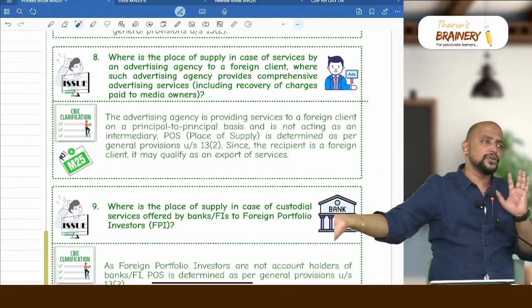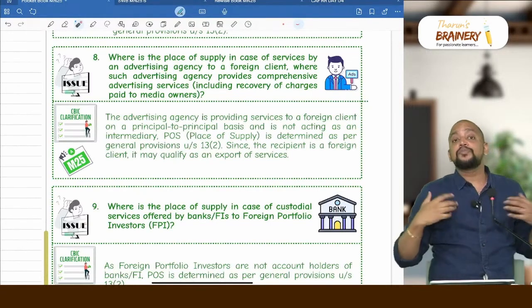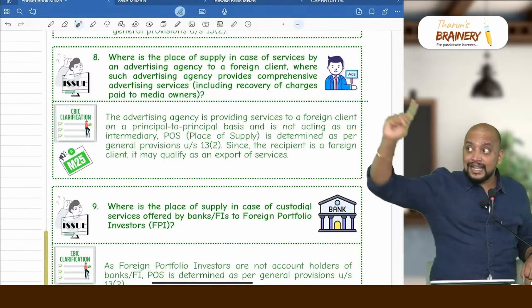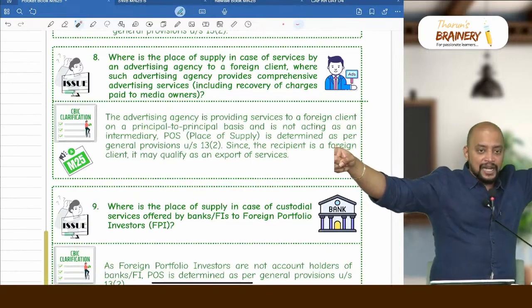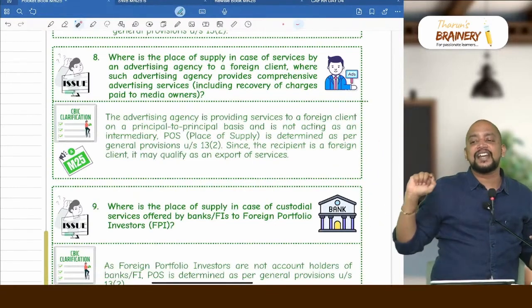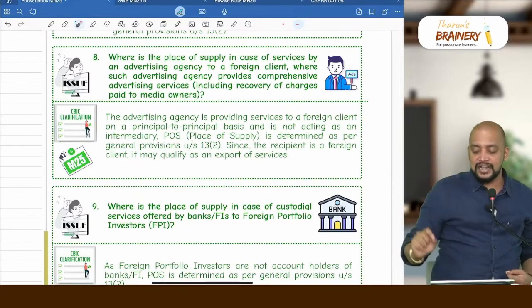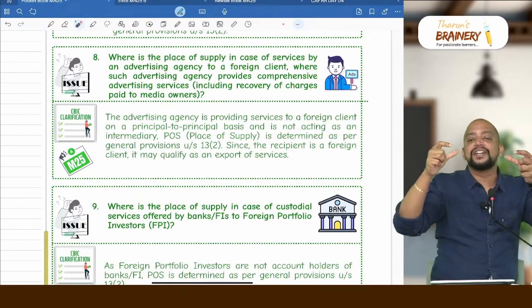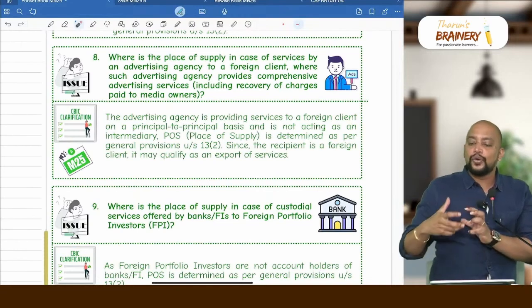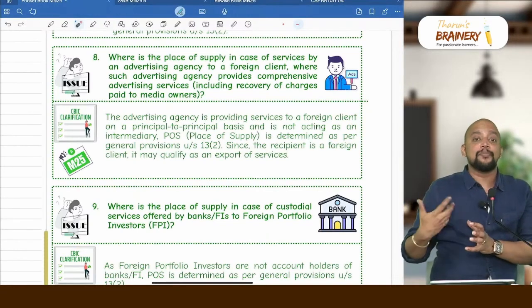You pay, and whatever is the amount you recover from us, which means I am not an intermediary. Why am I not an intermediary? I am not just connecting the TV channels and the foreign company. I am also doing the advertisement design. Due to that reason, I will not be called an intermediary, because the strategizing is very important, because if you are not properly strategizing, then no one will know about it and it may backfire also.